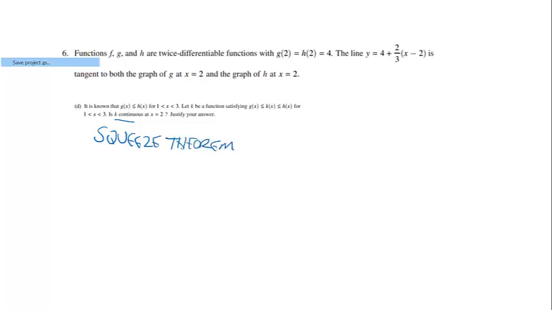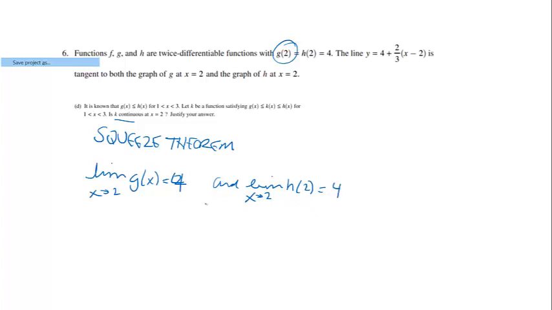Especially when you see things between other things, we know the limit as x approaches 2 of g of x is equal to 4 from up above, and we know that the limit as x approaches 2 of h of x equals 4 from up above too.